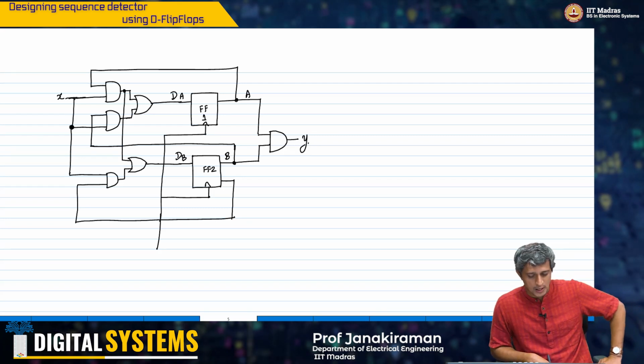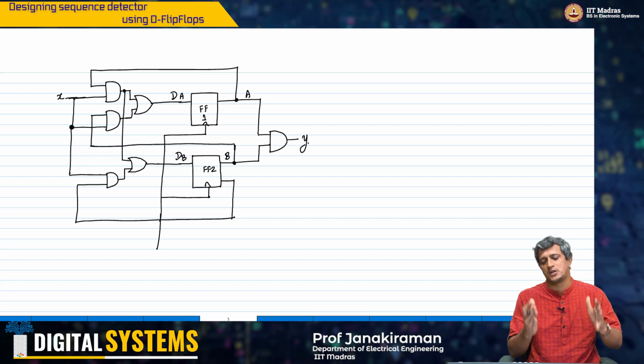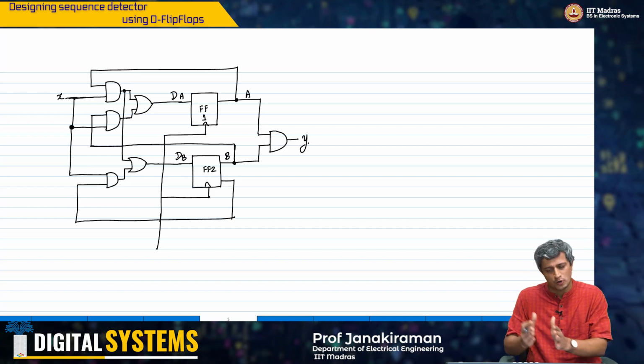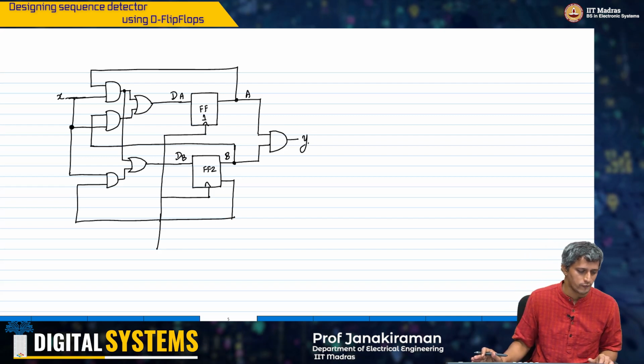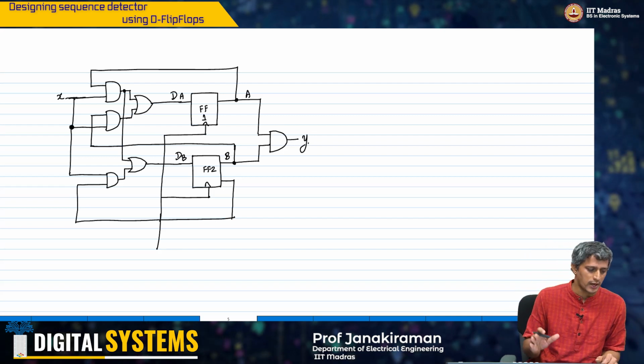Our combinational block 1 is on the left, combinational block 2 is on the right, which is just an AND gate. We use 2 D flip-flops.